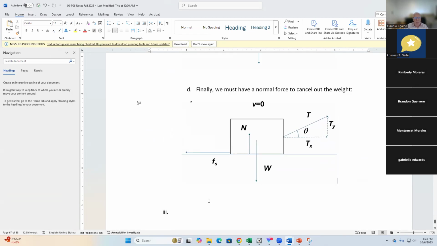Consequently, we must have a total of 4 forces.